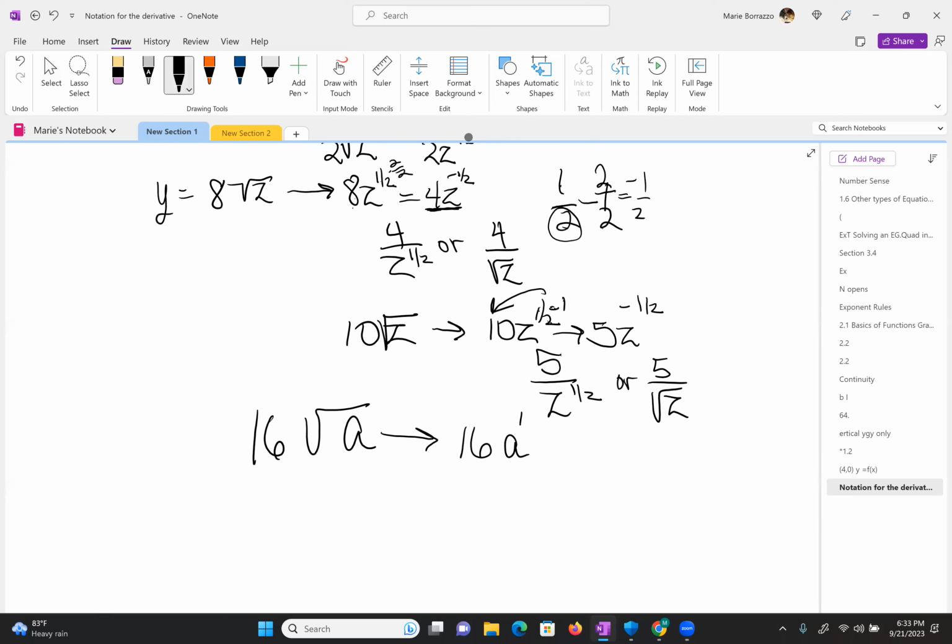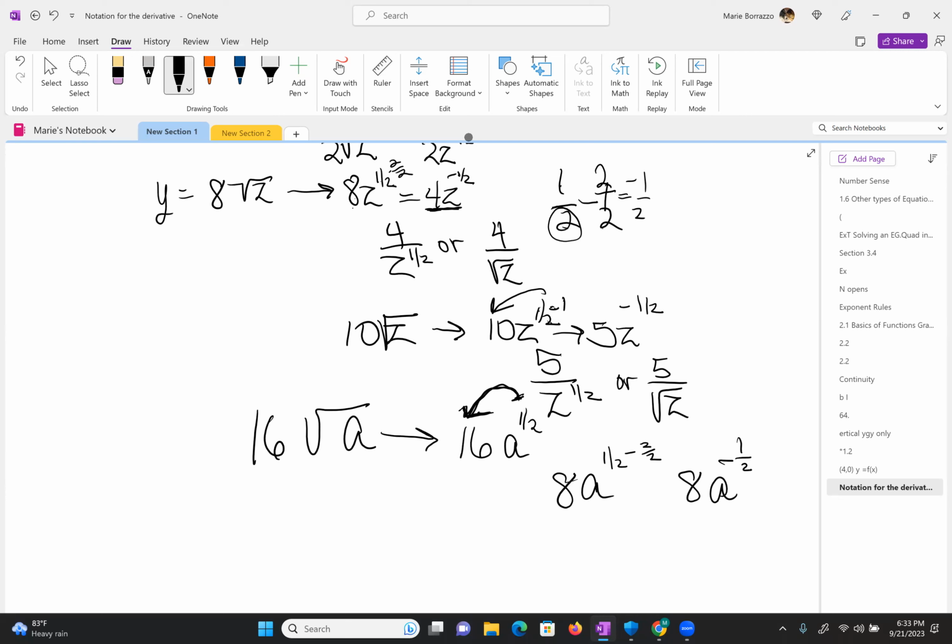It's really 16a raised to the 1/2. Step 1, what am I going to multiply? What's half of 16? 8. So you get 8a to the 1/2, but if I take away 1, I'm really taking away 2 over 2, which is going to give me 8a to the negative 1/2.